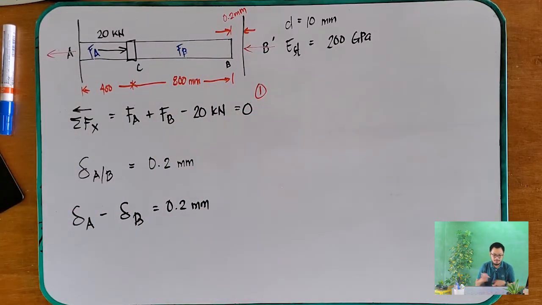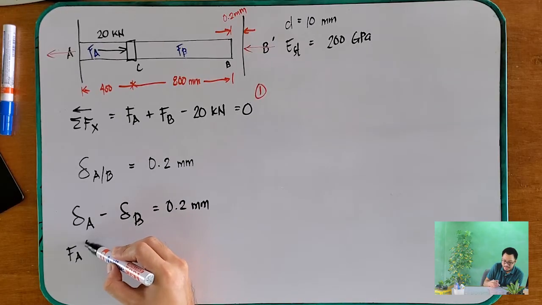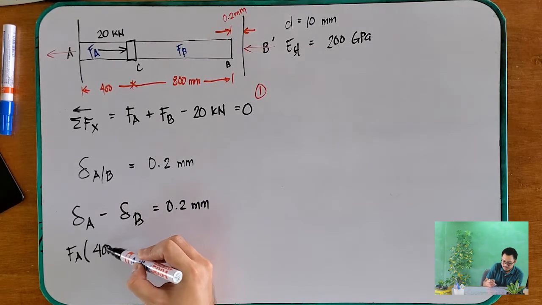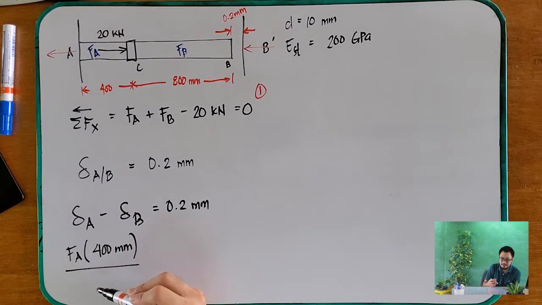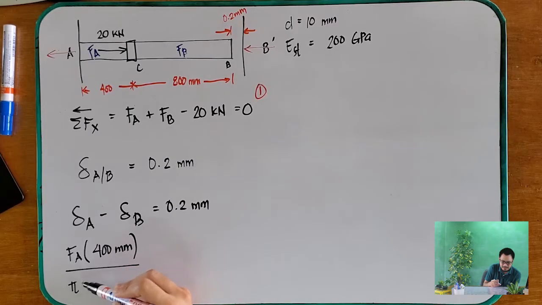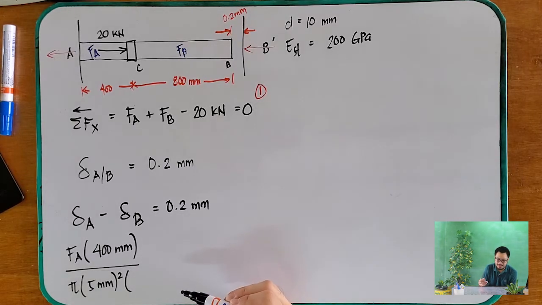Okay. So, this is FA times 400 millimeters over area, which is diameter, so pi times 5 millimeters squared times modulus of elasticity.